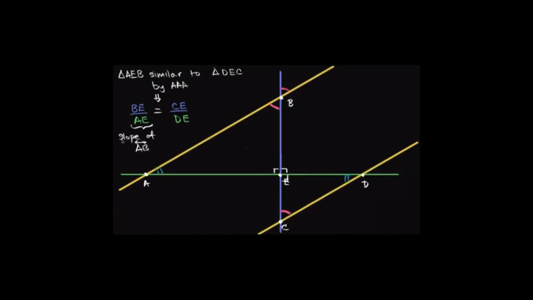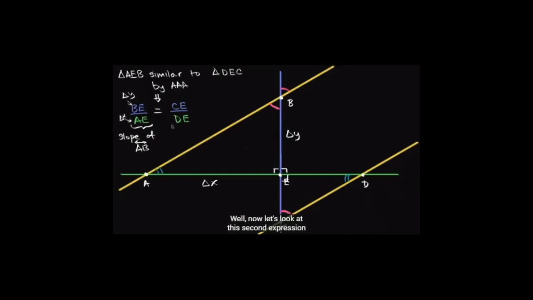Remember, slope is, when you're going from A to B, change in Y over change in X. So when you're going from A to B, your change in X is AE, and your change in Y is BE, or EB, however you want to refer to it. So this right over here is change in Y, and this over here is change in X.